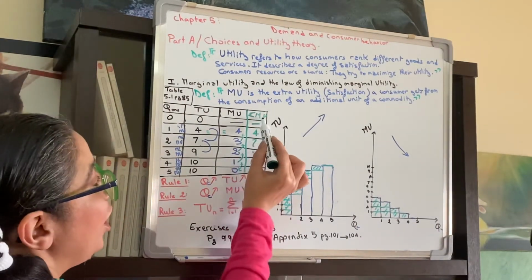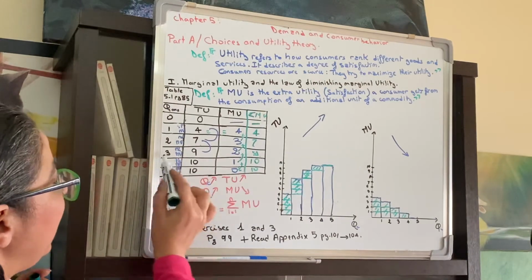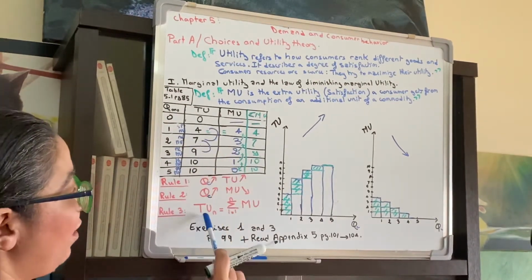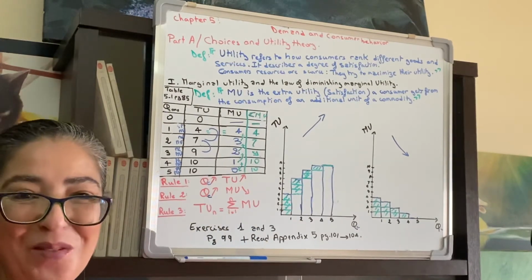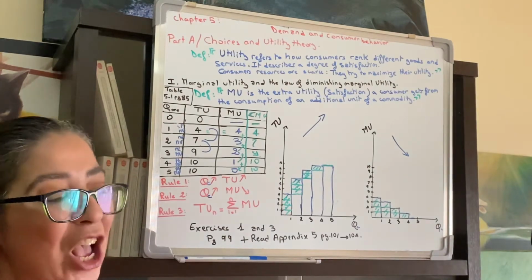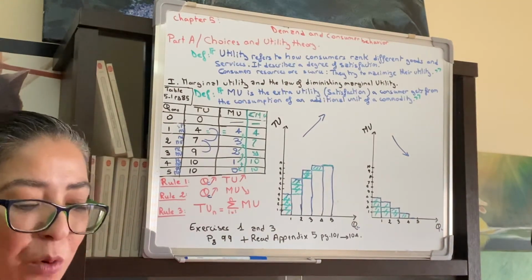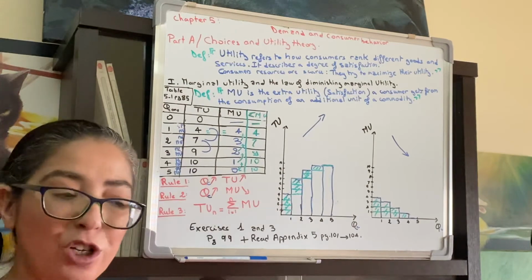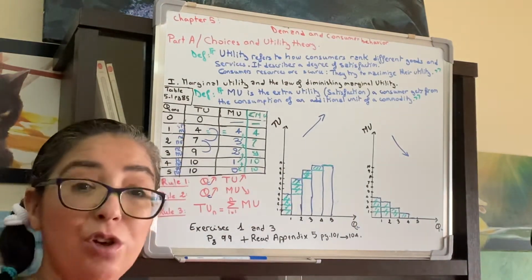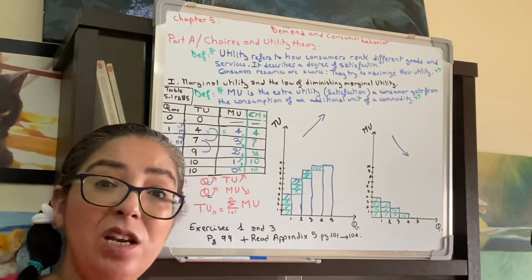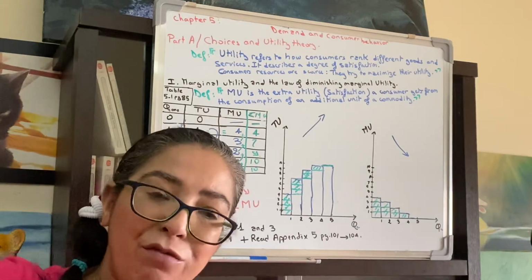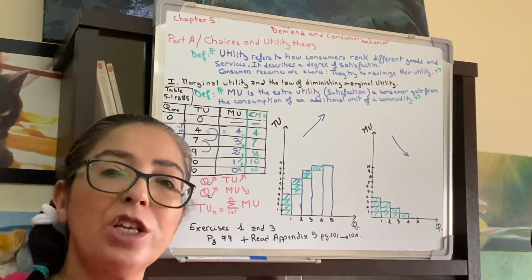So sigma marginal utility at any quantity is going to be equal to total utility. And that's the formula you have in here. You got it? Yes, I hope you did. Just remember, when you consume a certain quantity of a good, it gives you a certain amount of satisfaction that we're going to call total utility for that amount of the good you consumed.